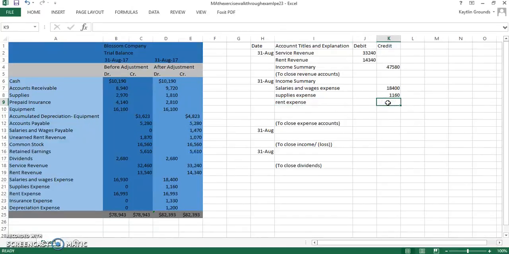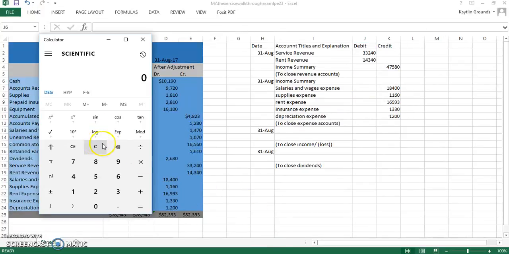Credit that $16,993. Next is insurance expense, which we will credit $1,330. And lastly, depreciation expense of $1,200.